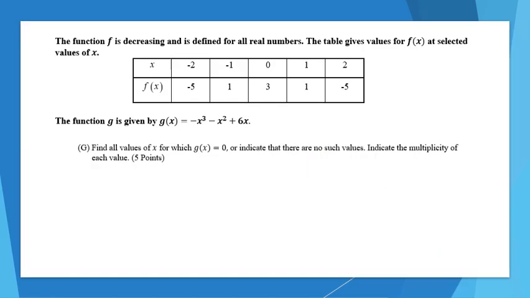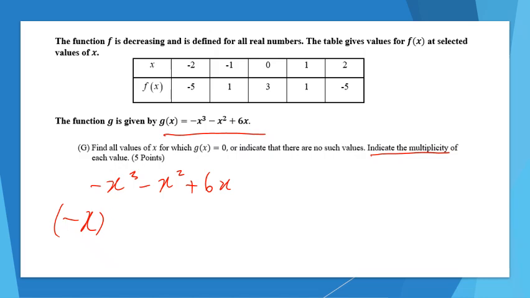Now we want to find all the values of x for which g of x equals 0, that -x³ minus x squared plus 6x, and we want to find the zeros, roots, solutions, any of those would work, or indicate that there's no such zeros for this equation, and then indicate the multiplicity of each zero. So here I'm going to factor out not just an x, but a -x.